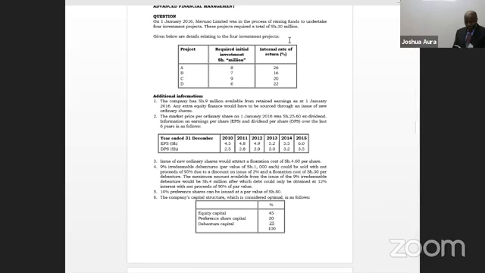Just trying to locate the sitting. Great, I've been able to see it.